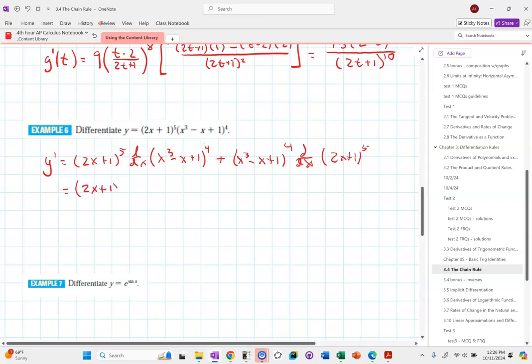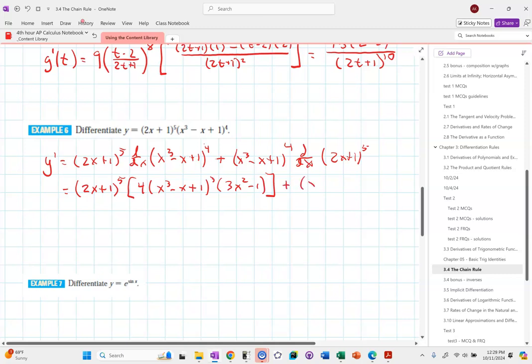So when I do the derivative of x cubed minus x plus 1 to the 4th, what do I get? And then for inner, well, let's just say inner. We don't have to, when we're just calling out answers. To the 3rd. Yep. 3x squared minus 1. Yes. Okay.